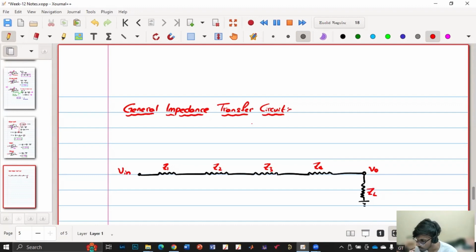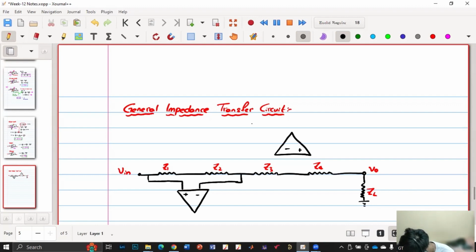Now we have one op amp over here. So the circuit is something like this. Same thing we have over here. Plus over here, minus over here.